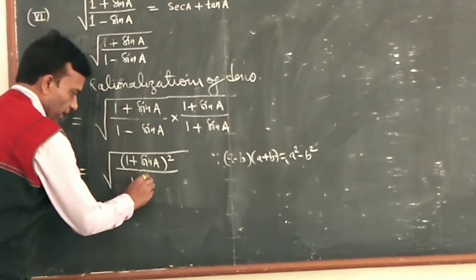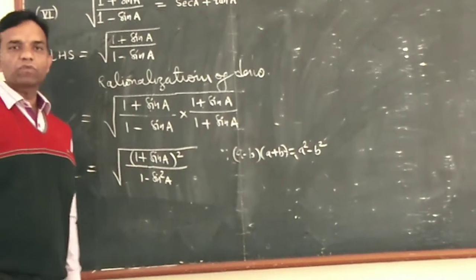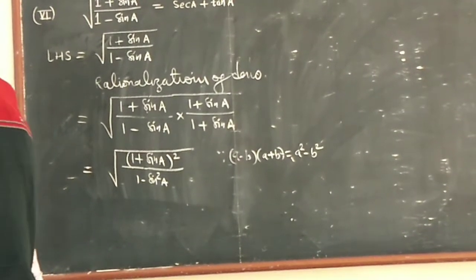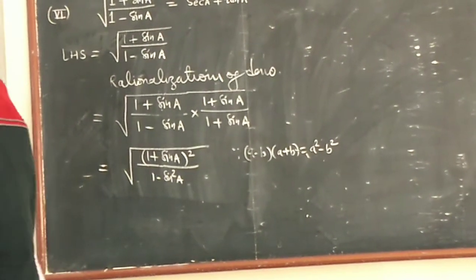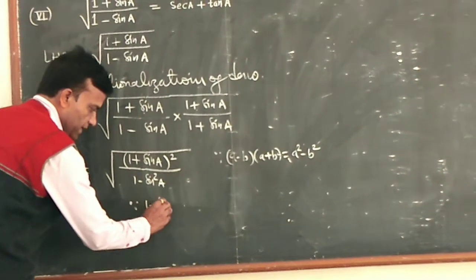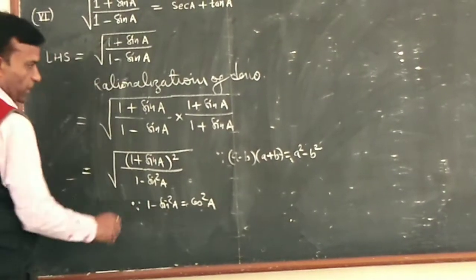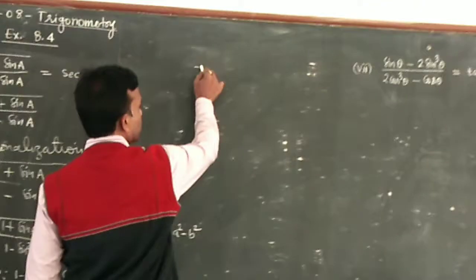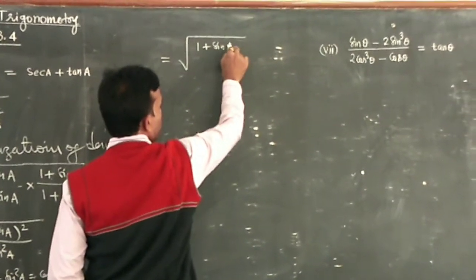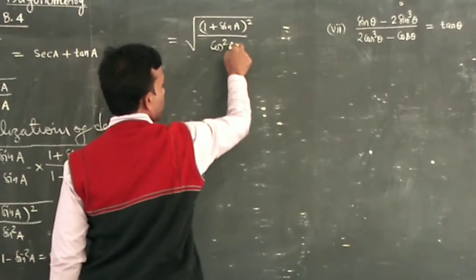So here you can write 1 minus sin square a. And now for 1 minus sin square, we use the identity. What do you mean by 1 minus sin square? So cos. Cos identity. Write down here, since we know that 1 minus sin square a equals cos square a. So replace this value, then you have (1 plus sin a) whole square in the numerator and cos square a in the denominator.